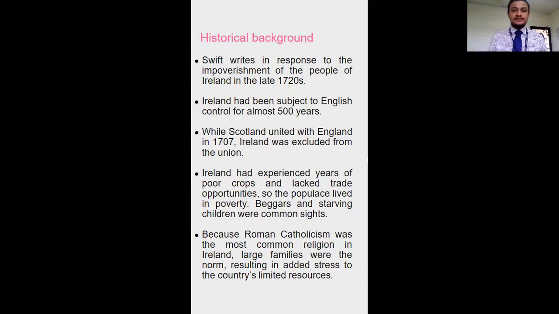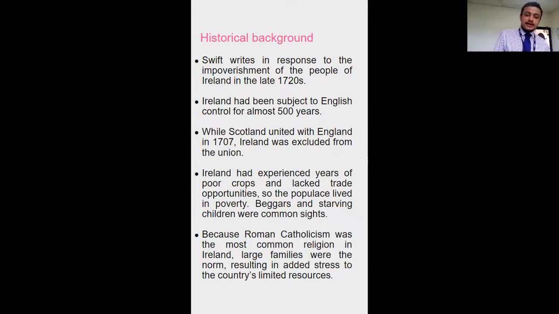Ireland had experienced years of poor crops and lacked trade opportunities, so the populace lived in poverty. Beggars and starving children were a common sight. So that was the daily thing: beggars and starving children all over the streets of Ireland. The relation between Ireland and Great Britain, or England, was very complicated during this period.